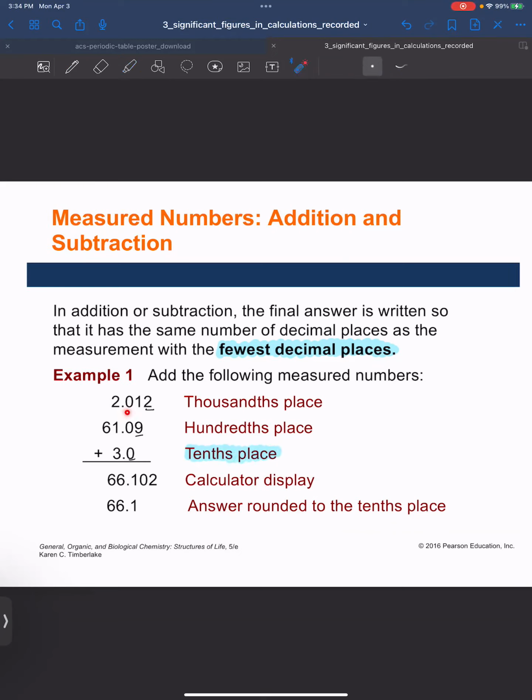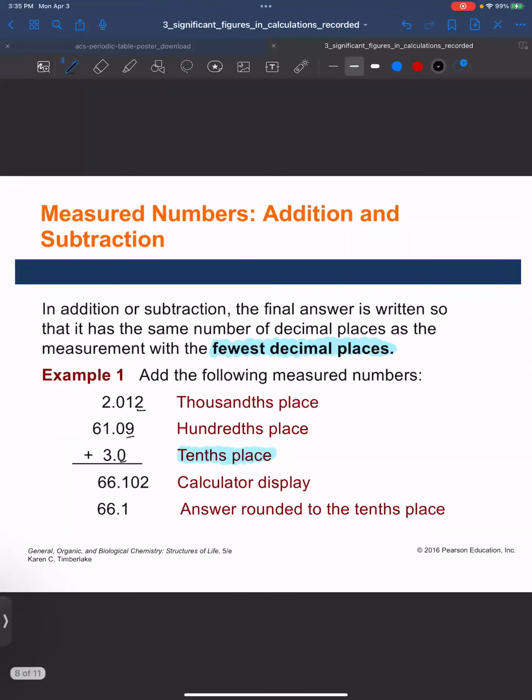When we add everything together, our calculator will display 66.102. And so we will need to round to the fewest decimal places, so the tenths place, and use the same rules for rounding. The number next to the 1 is 0, so we will retain the 1, we will not round up, and we will drop the rest.